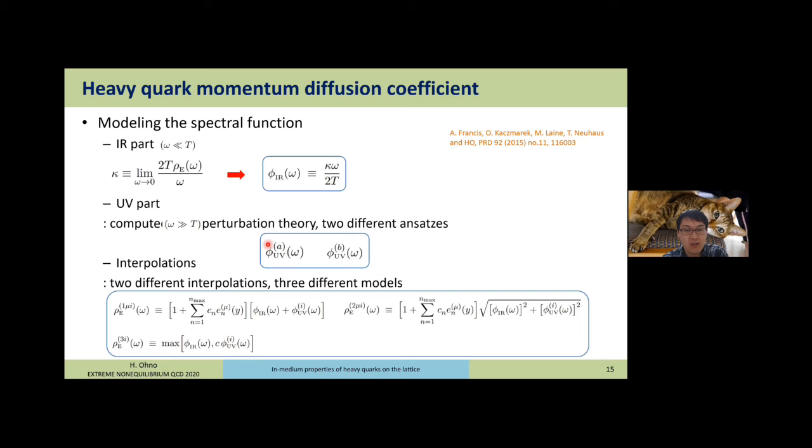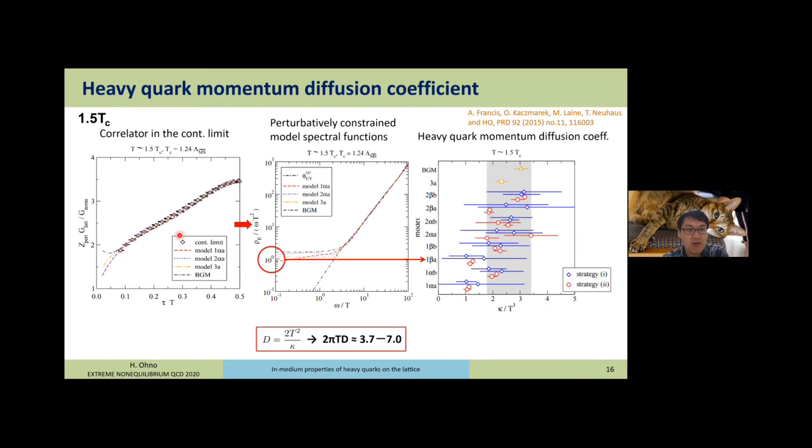Basically, in this study we use two different ansatz for this UV part. And finally, we did some interpolation between this IR part and UV part. We eventually use these three different types of model spectral functions, and by using these models, we fit our continuum extrapolated correlation function data.